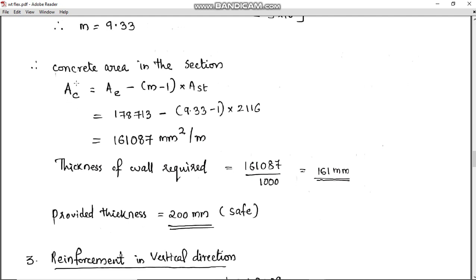We know that area of concrete is equal to 1000 T, T is the thickness and 1000 is the height. So we can find out thickness of wall required from this equation, dividing the area by 1000. Then we provided thickness of 200 mm since it is safe, it is greater than 161 mm.